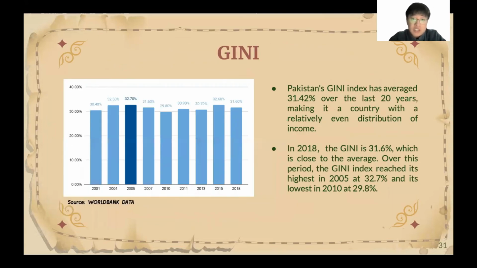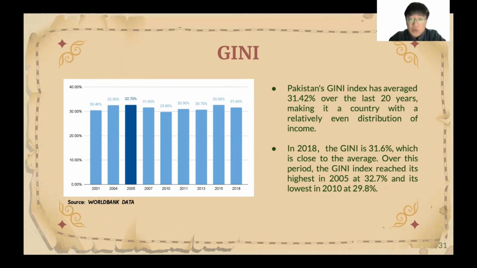Okay, so for the Gini part, the Gini is basically an index that measures the differences in people's income, with a higher value indicating a greater gap between the rich and poor. Pakistan's Gini index has averaged 31.42% over the last 20 years, making it a country with a relatively even distribution of income.